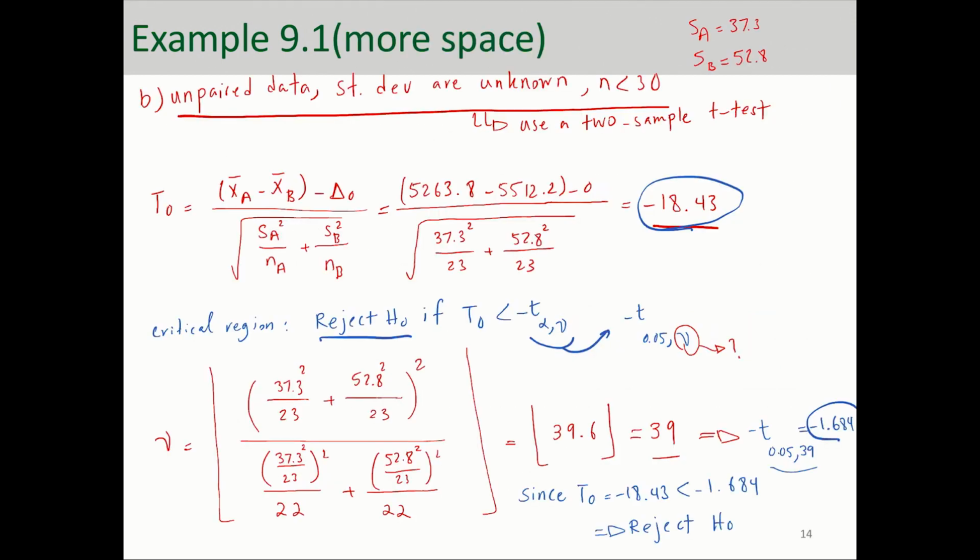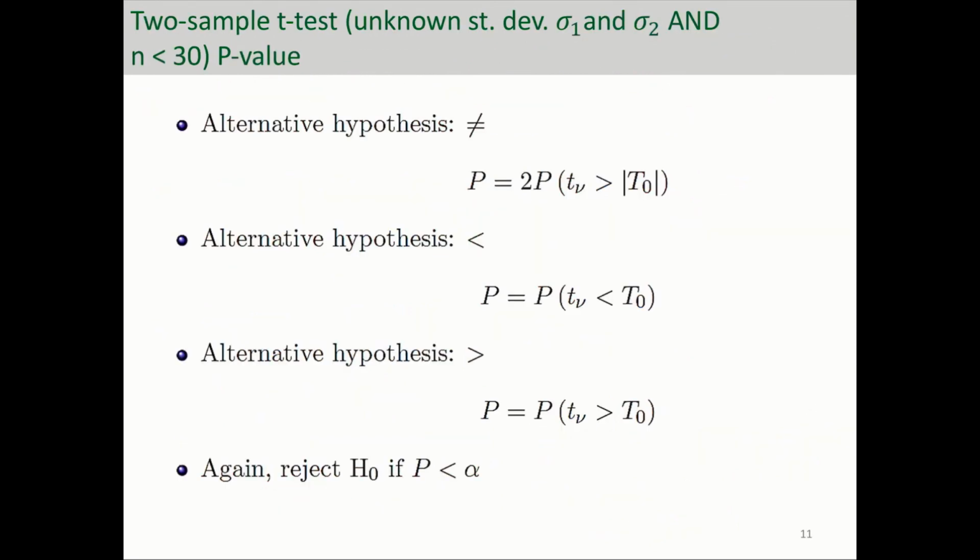Rejecting the null hypothesis. So this was conducting the test using the critical region. We found this t-score, and we compared it with the critical value. We made a decision. We want to do this using the p-value as well. So if you remember, this is the type of hypothesis test that we have, and here's how you calculate the p-value.